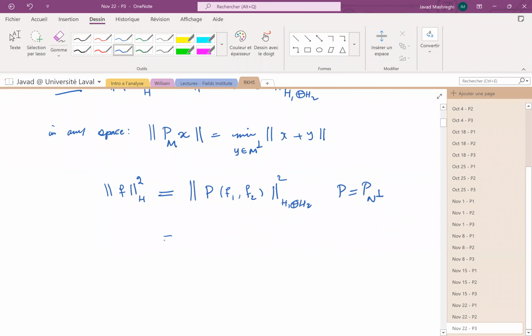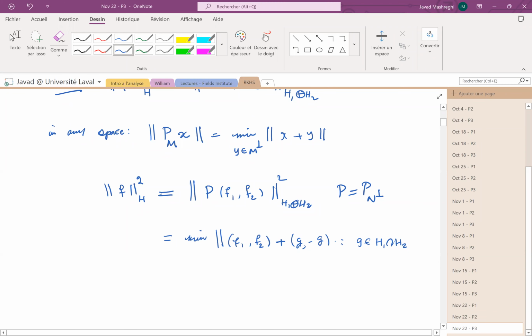Therefore, this is equal to the minimum of F1 and F2 plus any element of its orthogonal complement, so any G and minus G, when G is in H1 intersection H2. Here it is.